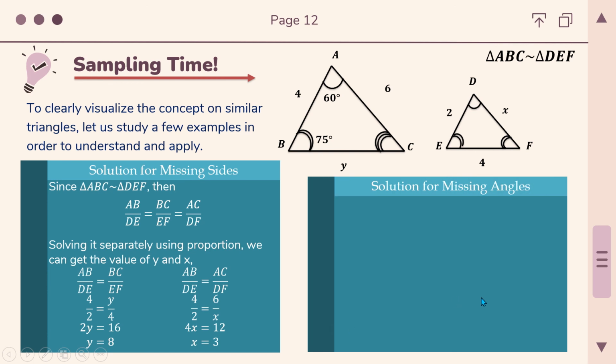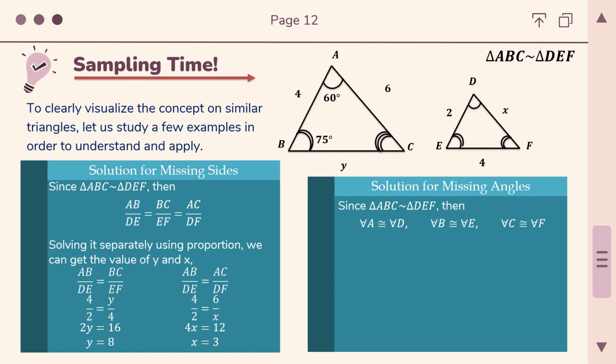To solve for the missing angles, again, corresponding angles are congruent. Since triangle ABC is similar with triangle DEF, then angle A corresponds with angle D, and they are congruent. Angle B corresponds with angle E, and they are congruent.